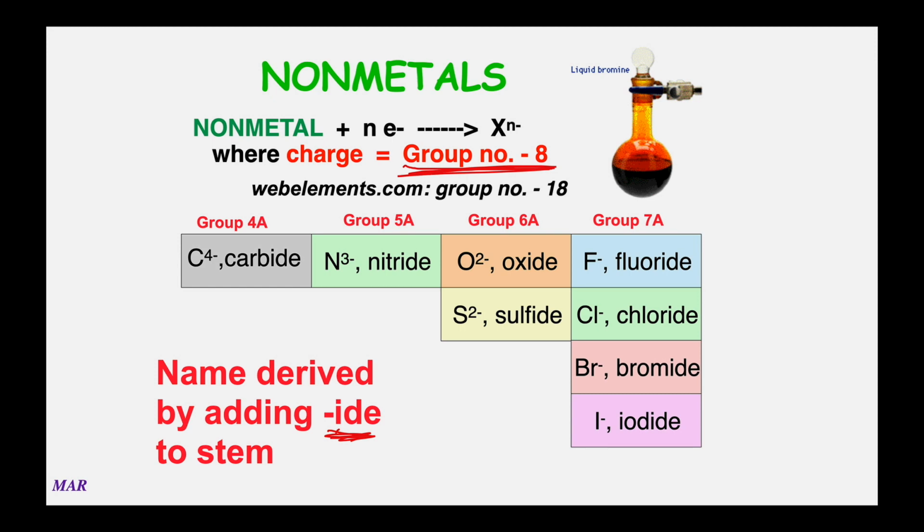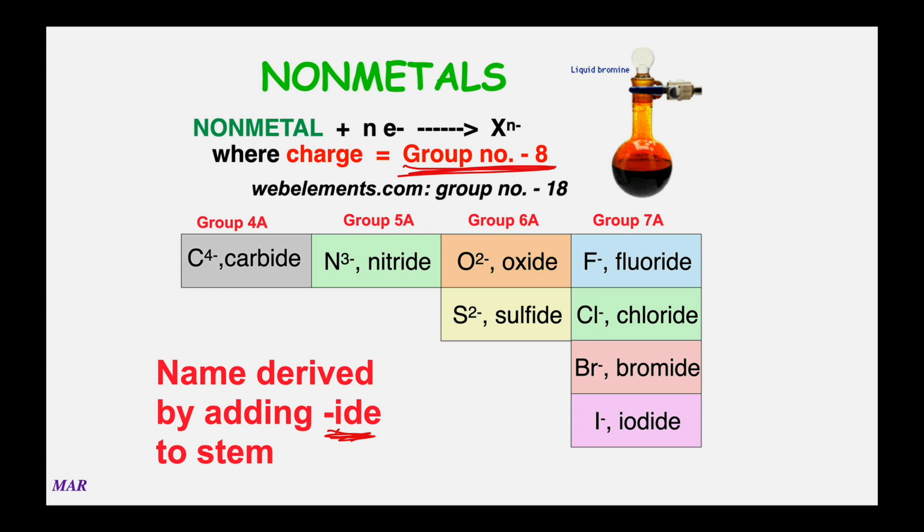Going one to the left, nitride comes from nitrogen, group 5 minus 8, -3. If you've heard about carbide drills, carbide is carbon, group 4, 4 minus 8, a -4 carbon. Not as common, but still interesting. Also, if you hear that IDE ending, you know you've got something negative, and that's going to be important to us later on.